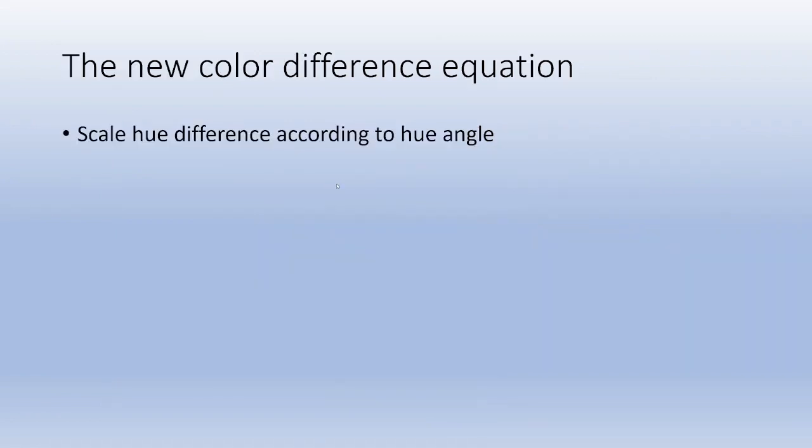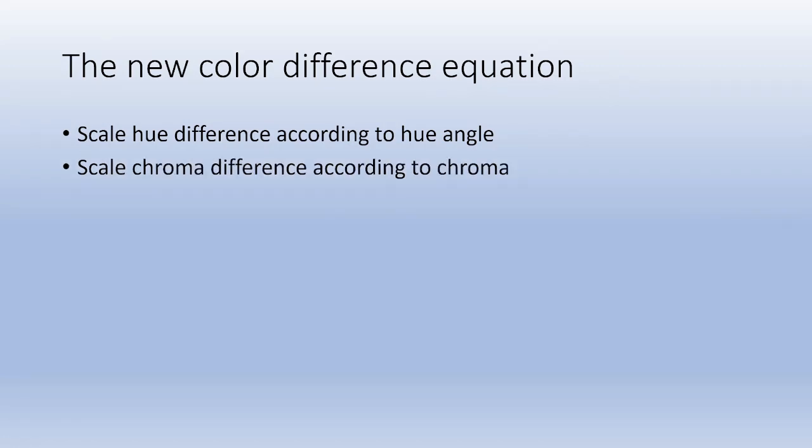So his idea was to take the original equation for delta E, which is simply the Pythagorean theorem, and do some scaling on it. He would compute the difference in hue, and he would scale it. He's allowing perhaps a little less, a little bit more. He'd also scale the difference in chroma.